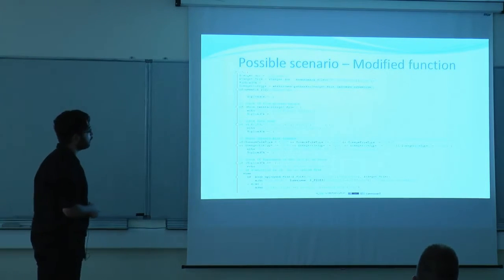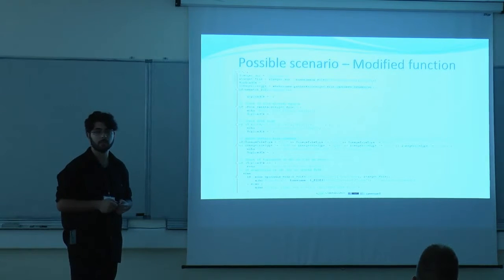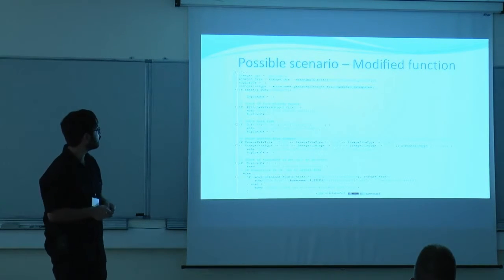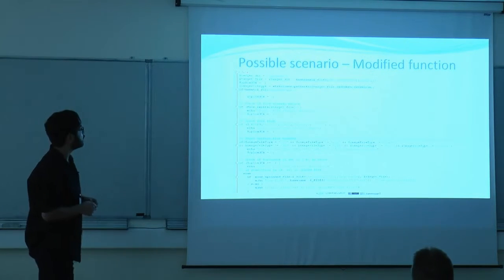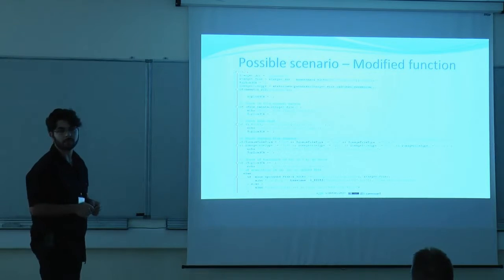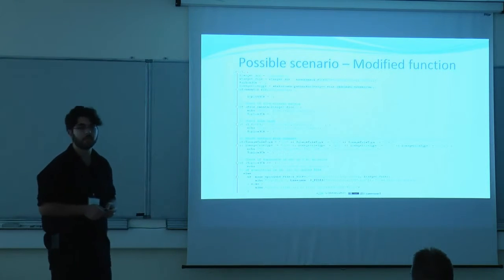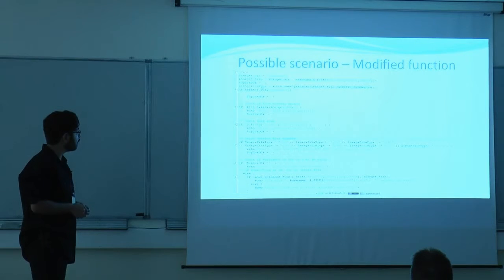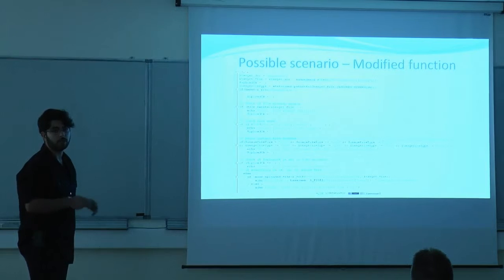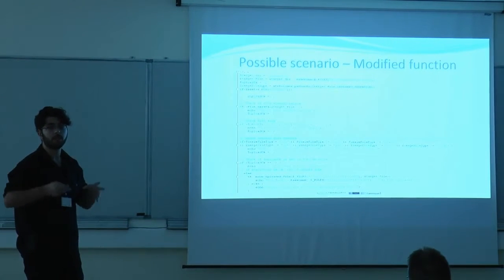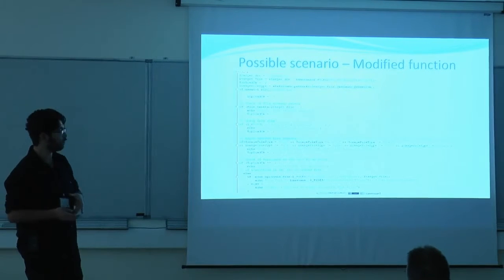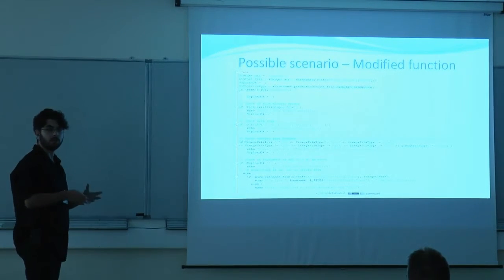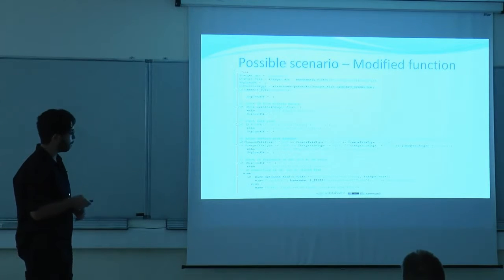Let's see a possible scenario why open source is good for self-healing. Let's say that we have the suspicion that a function was modified. That's why we got an error when we try to run a software. And we have this code, which is the current code, and we do a differential analysis with a backup code which contains the same function but in a healthy state, in a previous known state.